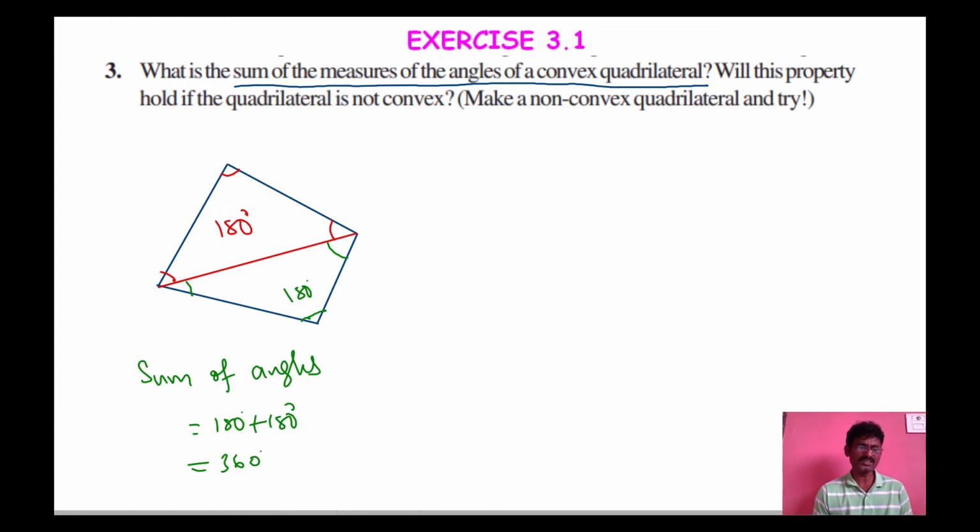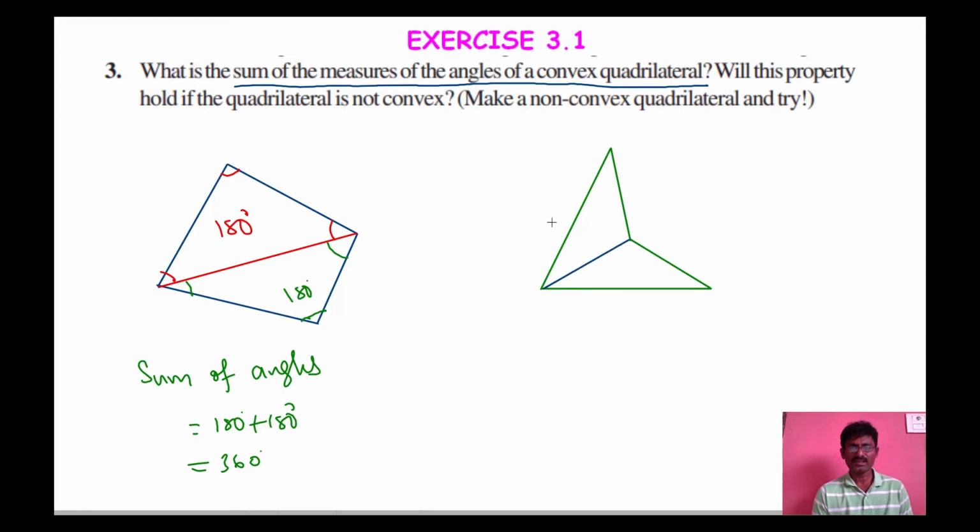Not convex means that is concave. Let us draw a concave quadrilateral like this. This is a concave quadrilateral. Now to find out the sum of angles, let us break this into 2 triangles like this.